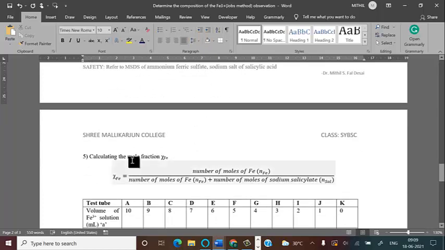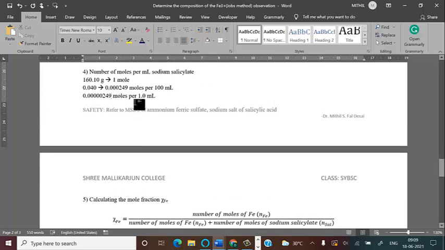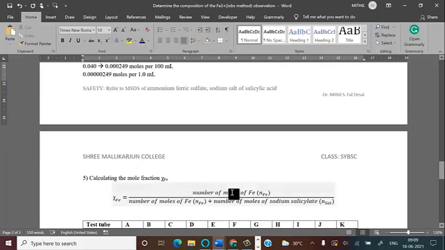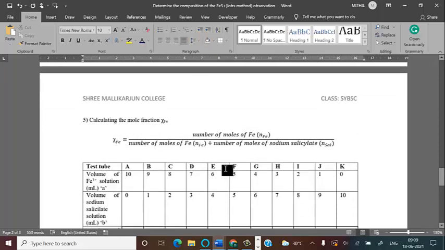So we can calculate the mole fraction once you know the moles, because mole fraction is given by the number of moles of Fe divided by the number of moles of Fe plus the number of moles of sodium salicylate.